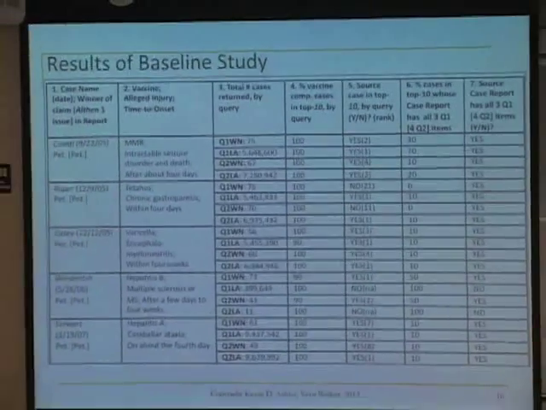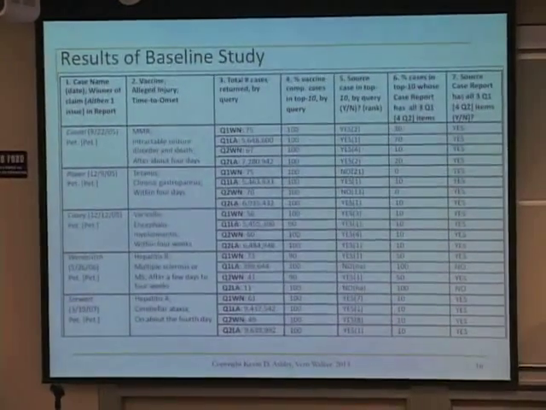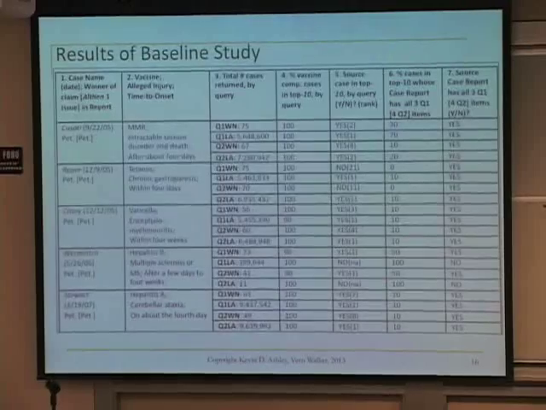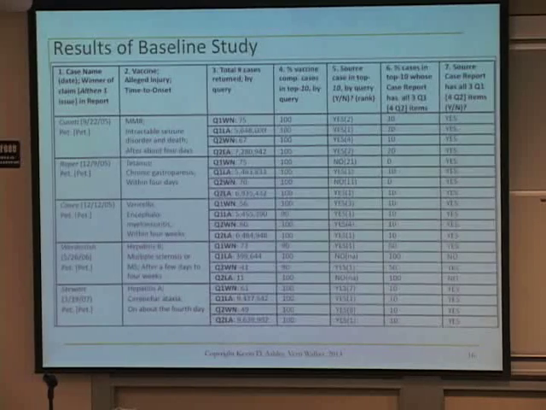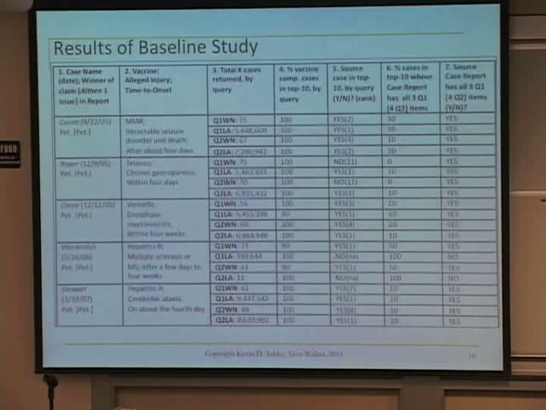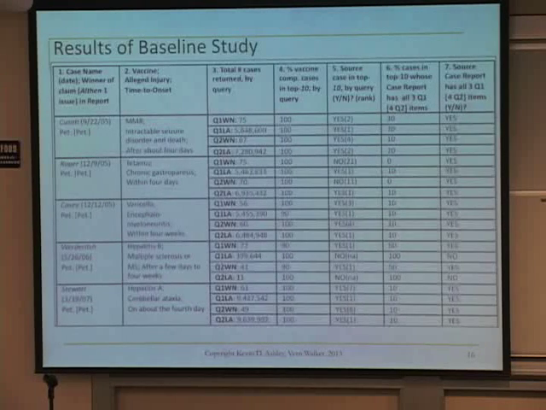And then you don't have to read the details here, but we systematically ask some questions about the results from the IR systems. So in this table, you see each of the 10 cases. This is the first 5. The second column shows the query itself, the vaccine, the alleged injury, the time to onset. The third shows the total number of cases returned by the query.